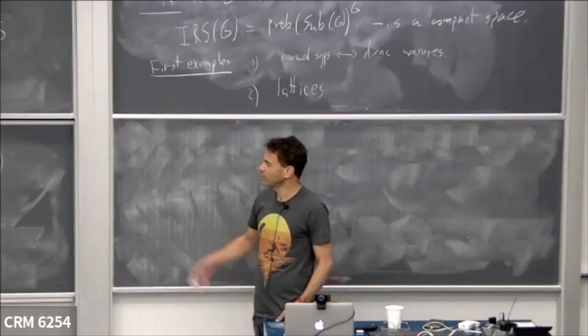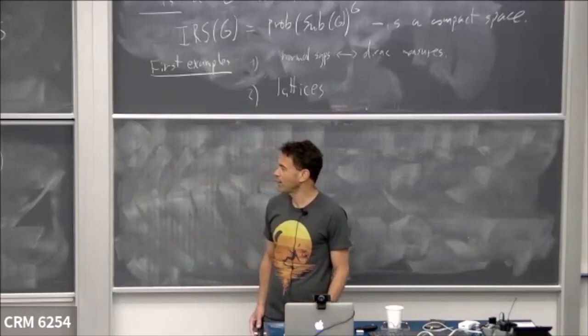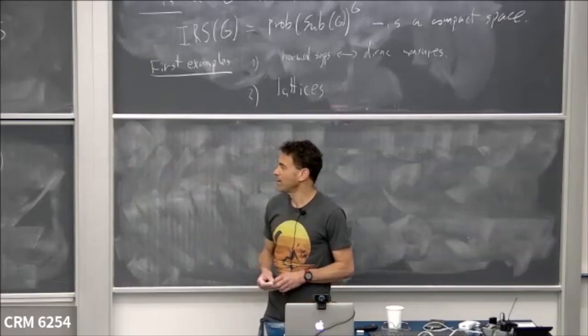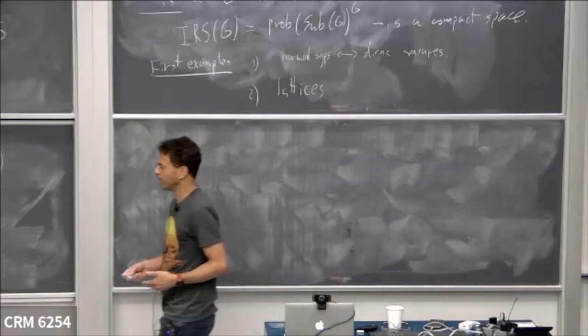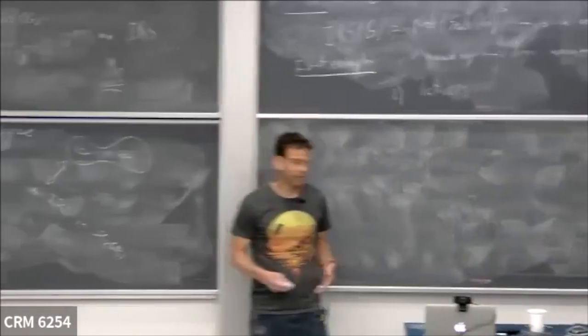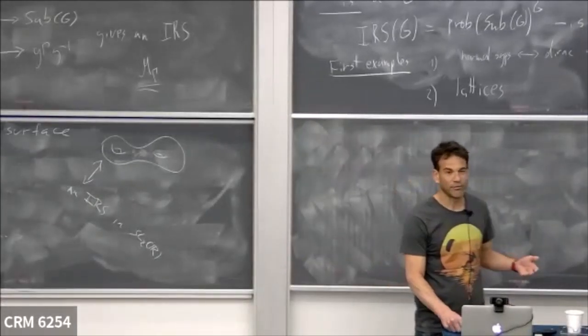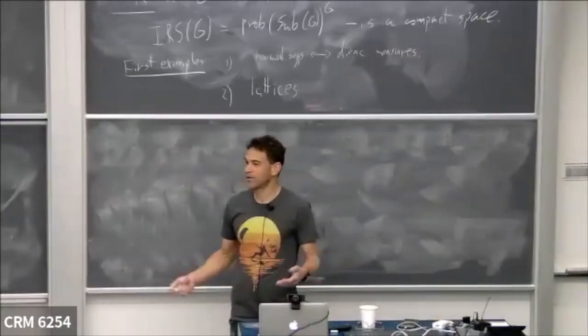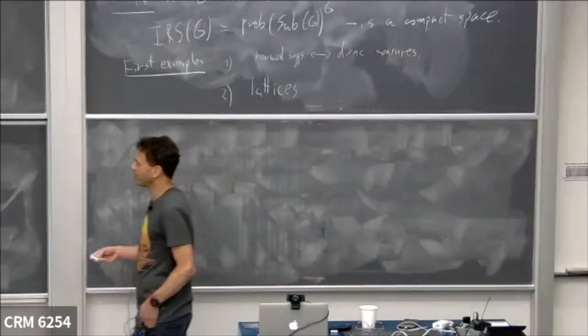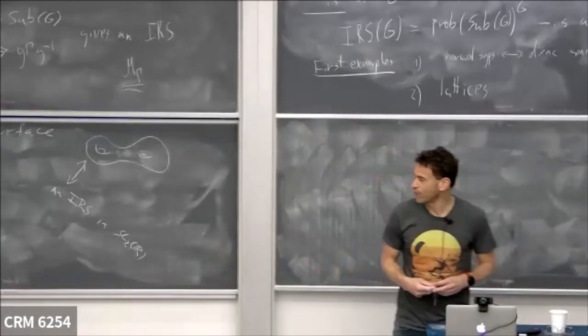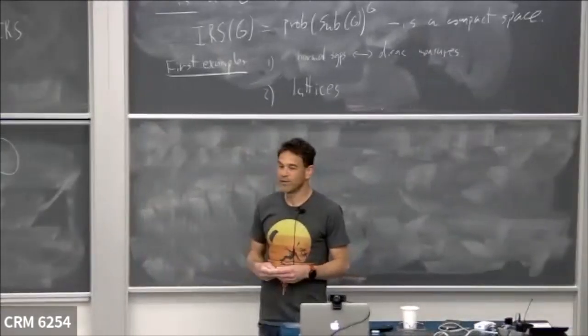This also goes to IRSs, the same result. One of the first consequences of Borel density, if you read a basic book about lattices like Raghunathan's book, is that if you have a subgroup of finite covolume, it must be discrete.